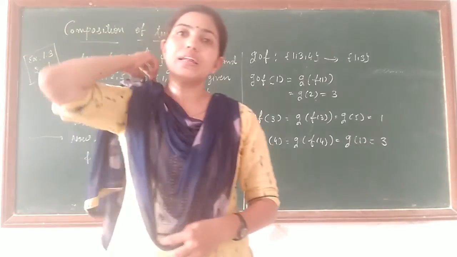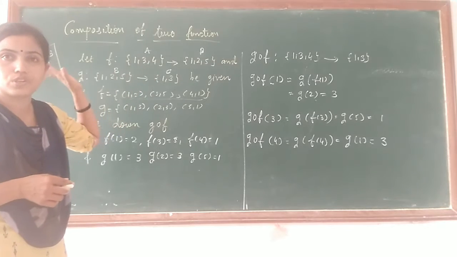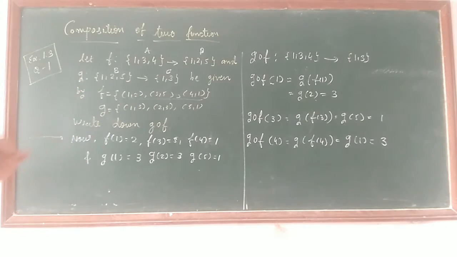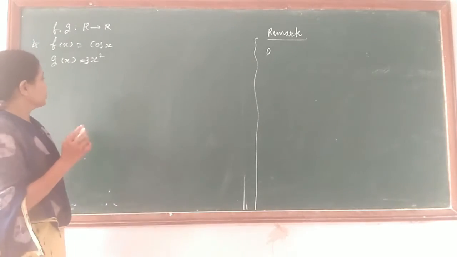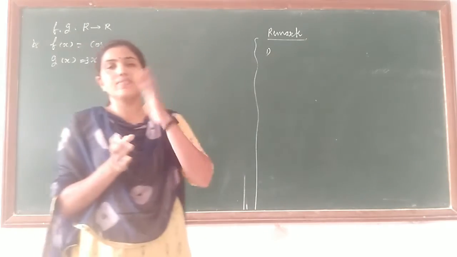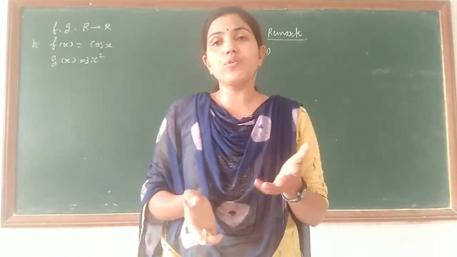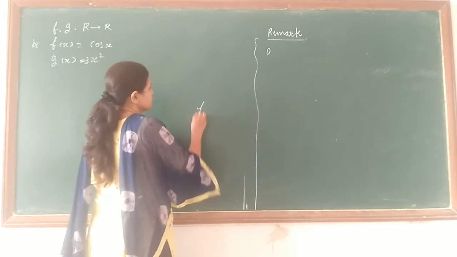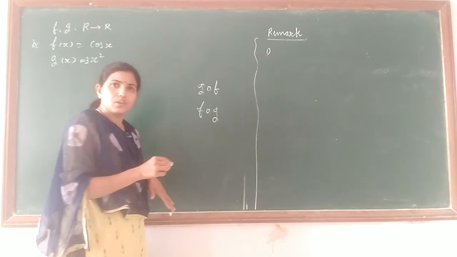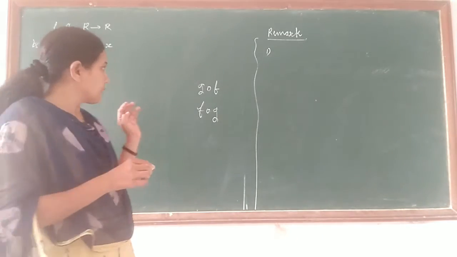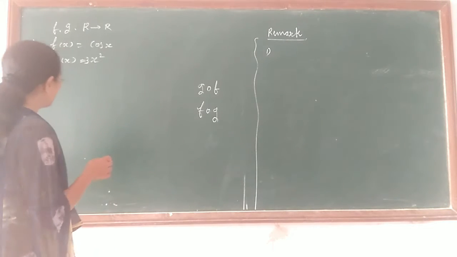So we can see the next point of the similar topic, composition of two functions. So now students, we have seen g composed of f. Now if you want to find out f composed of g, the question is, are these two equal? f composition of g and g composed f, are these two functions equal or not?